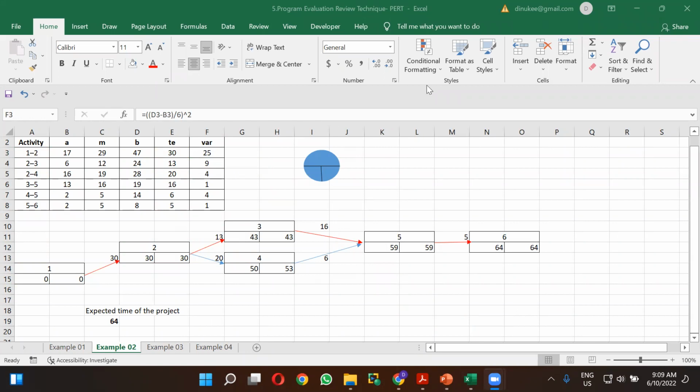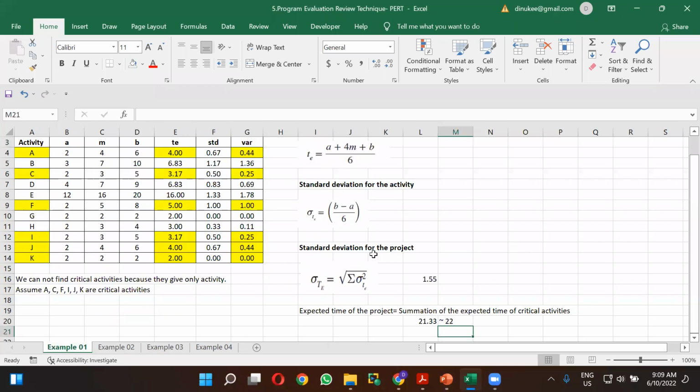The next one is I want you to calculate the standard deviation of the project. Can you remember the equation? When I am asking you to calculate the standard deviation for the project, you have to use this equation. Please remember that I have asked you to make a note as well.